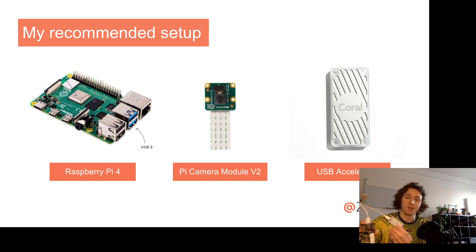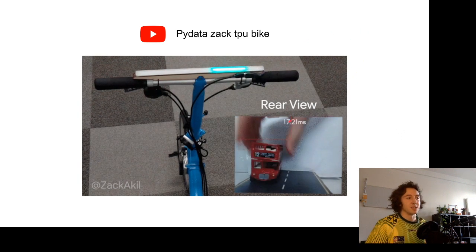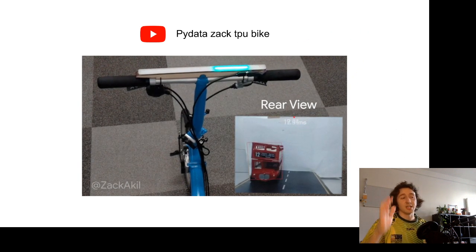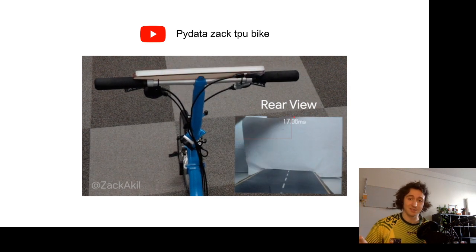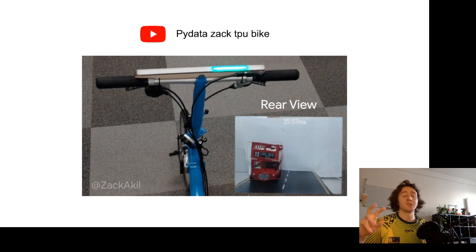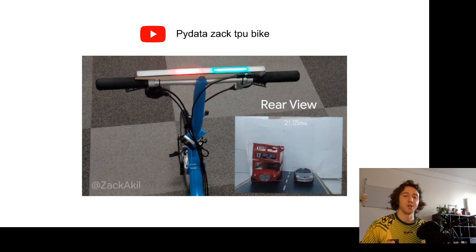But after I plug in the accelerator, you can see the number of milliseconds between predictions goes from 300, 400 down to 20 milliseconds. So that's 1 to 2 predictions a second to about 30 predictions a second, and that's running a full object detection model.